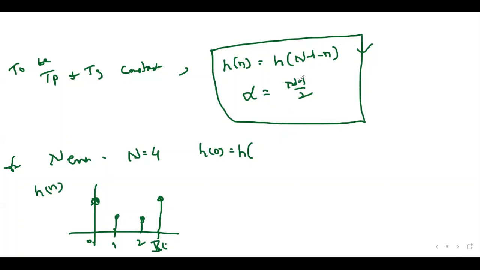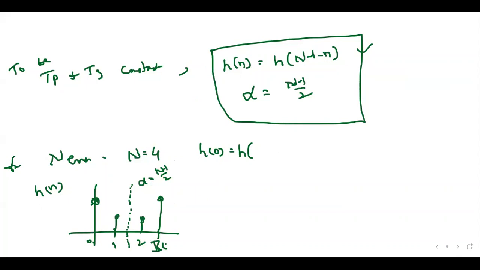Here it is 4 minus 1 by 2, which is 3 by 2, 1.5. That means this alpha equal to 1.5 represents the center of this h of n sequence. So it is the center of symmetry. The h of n sequence is a symmetrical sequence with the center of symmetry alpha equal to N minus 1 by 2. So this way we can show this condition in a graphical way.